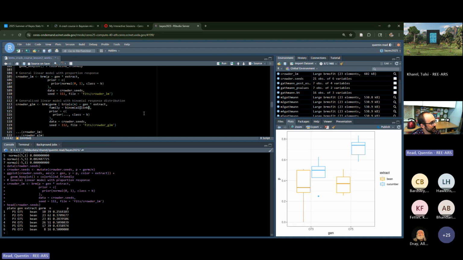And the link function is, in quotes, logit, the log odds function that we just talked about. And we're going to use normal 0, 5 as the prior. As I said, that is an uninformative prior. And I call that Crowder GLM. It's a generalized linear model. Hit Control Enter to run that.